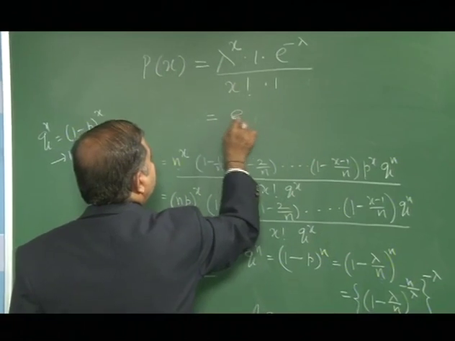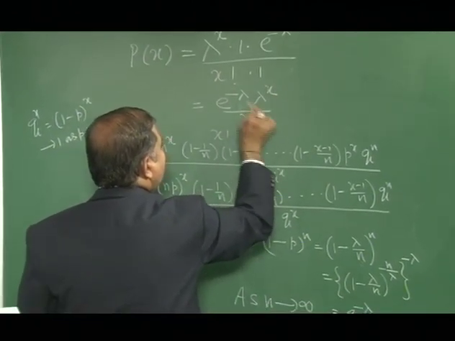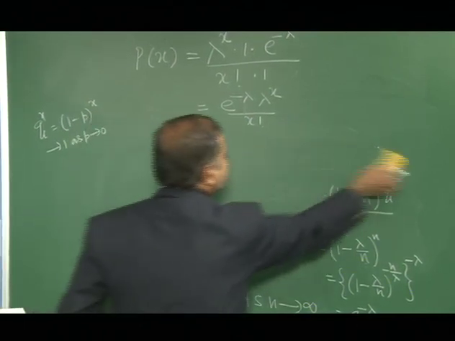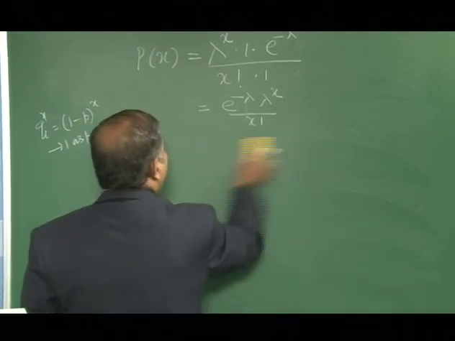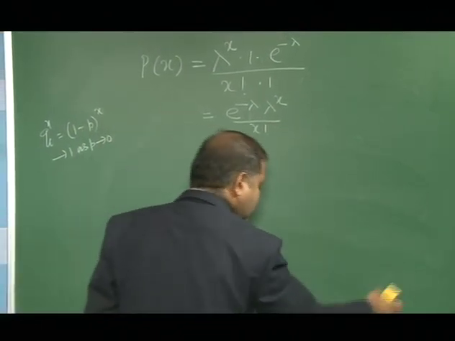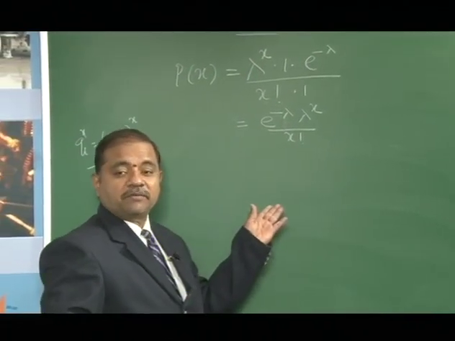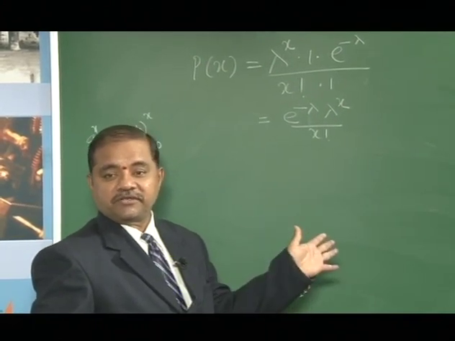See that: e power minus lambda, lambda power x by x factorial, I got it, which is nothing but our Poisson distribution. So that's why in the problems we have used np as lambda. So it shows clearly that the Poisson distribution is the limiting case of binomial distribution.